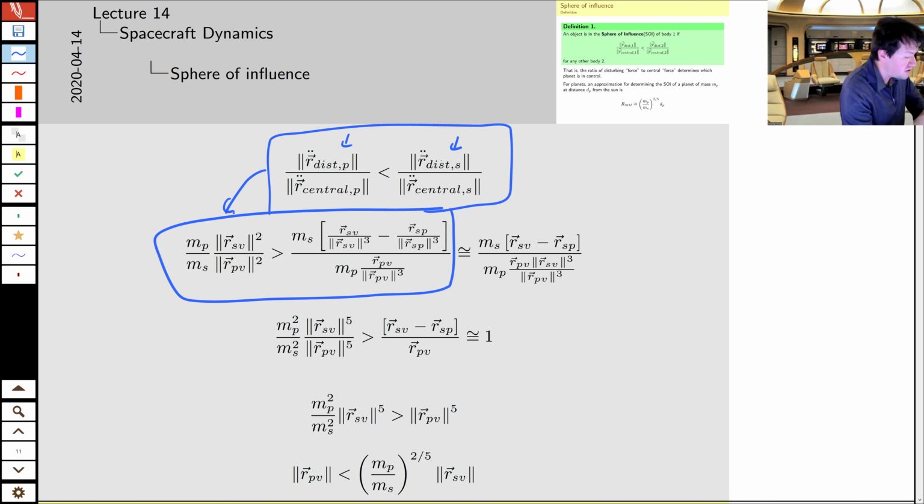So we just multiply through these. These probably look familiar, and these are the disturbing forces, and then we have the sun term here. So that's the criterion.